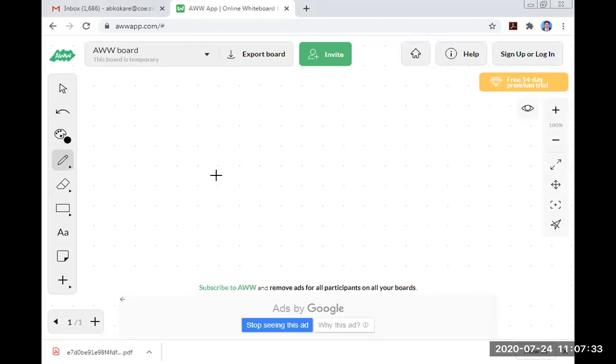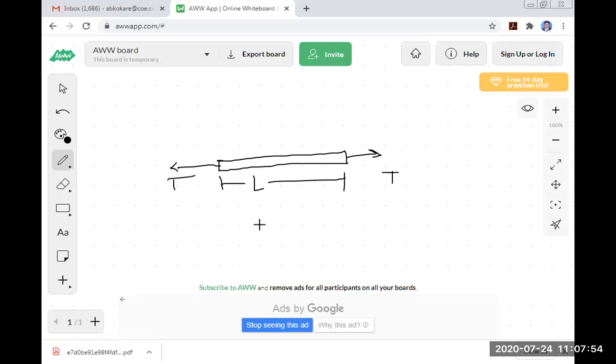Okay, so I'm talking about the tension member. If this is a plate, and we apply the tensile force on this plate, then what will happen? This is the original length of this member.